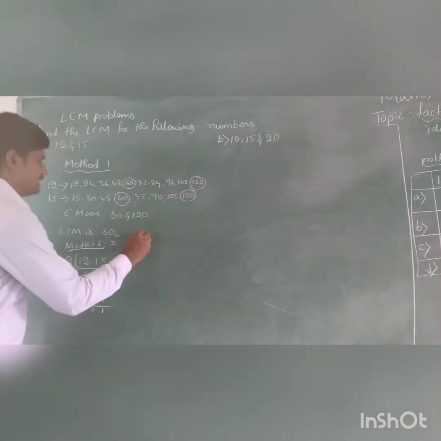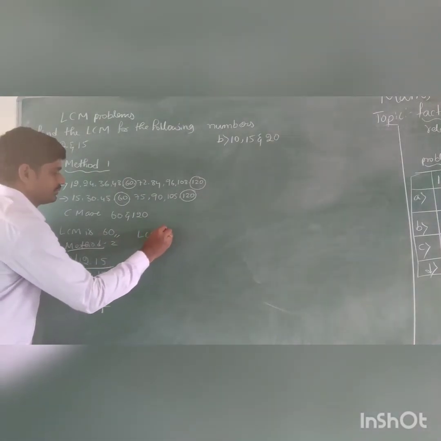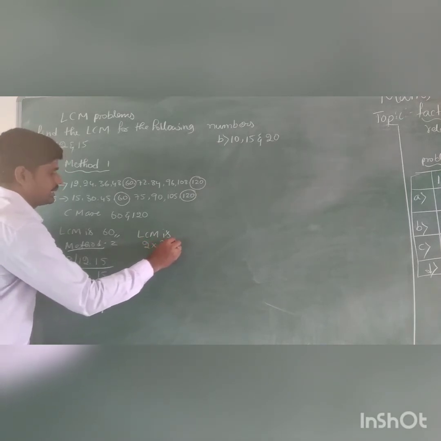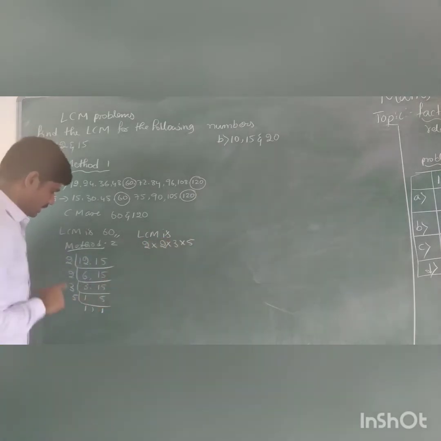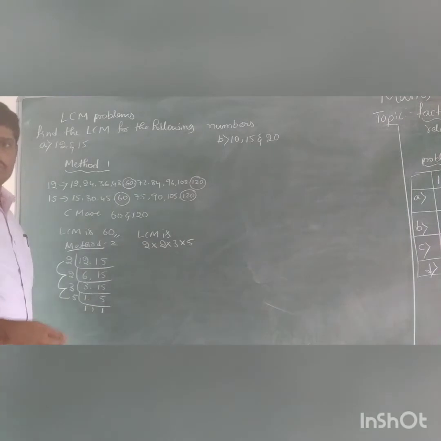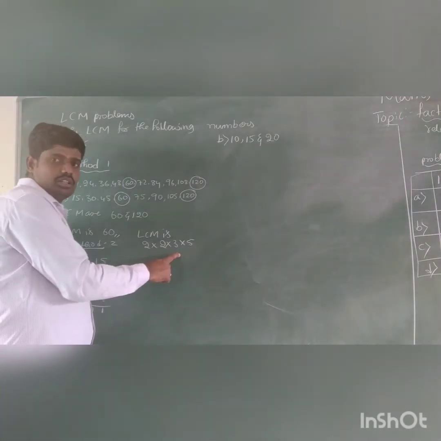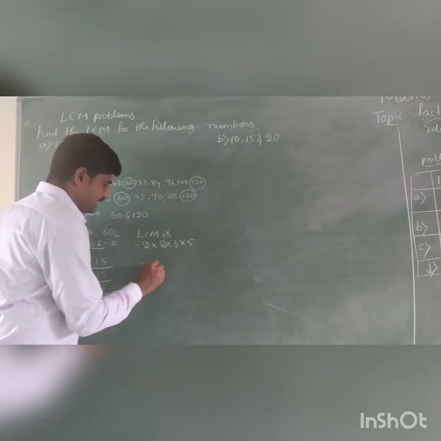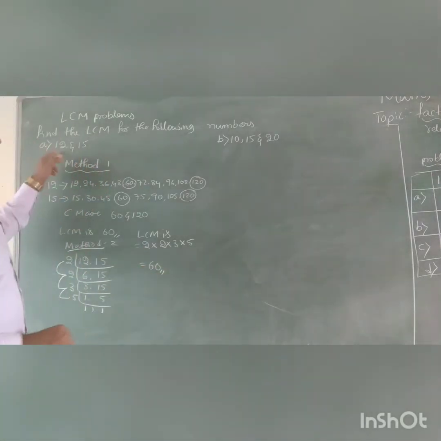LCM is 2 into 2 into 3 into 5. 2 twos are 4, 4 threes are 12, 12 fives are 60. 60 is the LCM of 12 and 15.